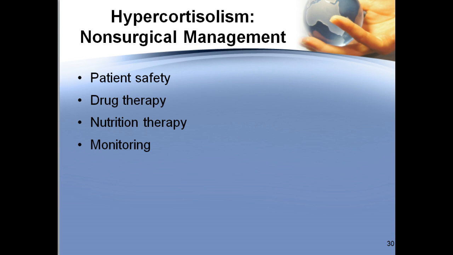Often you're really concerned with patient safety when you are talking about somebody with hypercortisolism or Cushing's disease. Because a lot of times, remember I told you earlier, they would have a lot of problems with fluid overload.